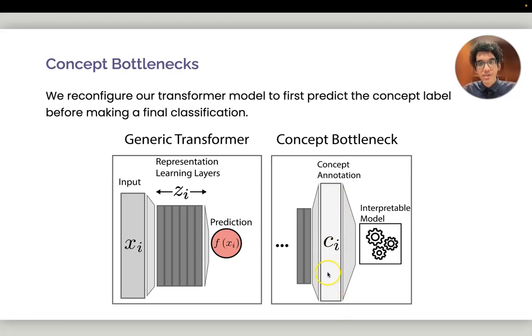From this concept annotation, you can use a more interpretable model, like a linear model, and then try to understand how those more interpretable concepts relate to the response. Another advantage is that you can go in and intervene on specific concepts. You can say, I don't want a particular concept to be relevant for the prediction, and you can achieve that by zeroing out certain links between the concept and the final output. That's possible because you've chosen a very simple model at that final step.